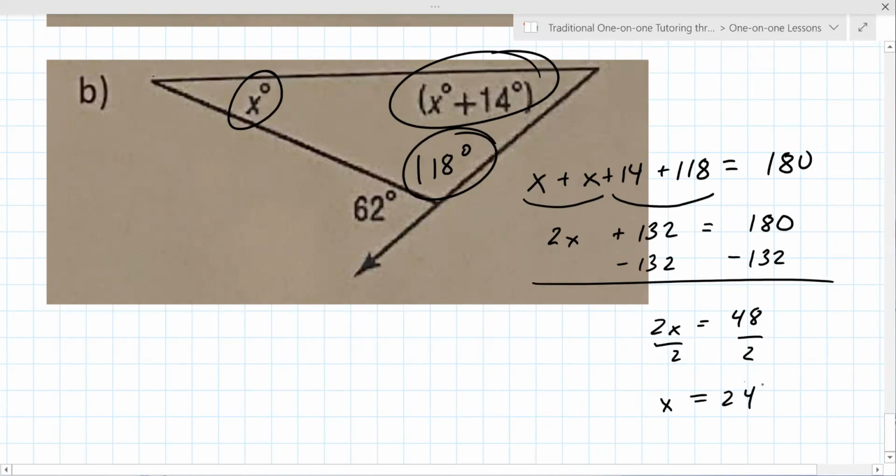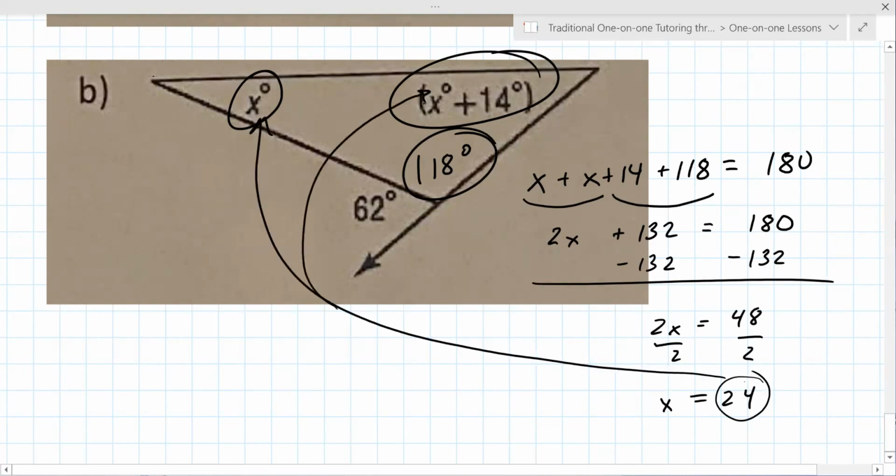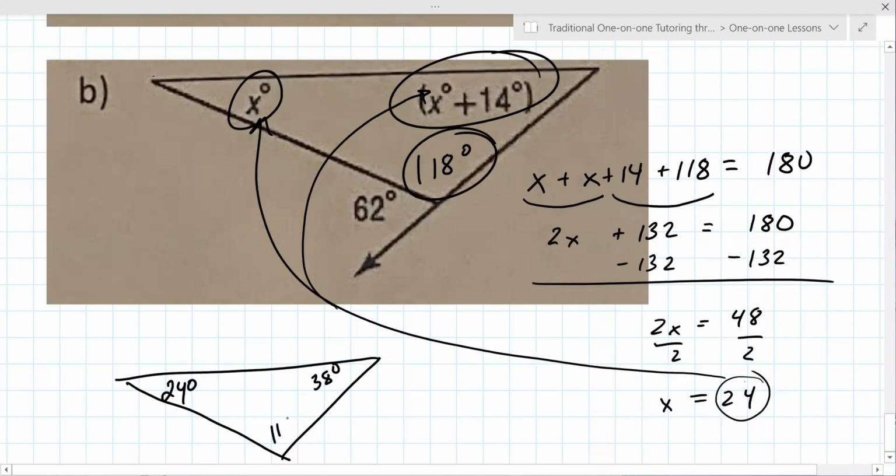Yes. So now let's take this value of x and put it back in the equation. I'm actually going to just redraw the triangle here. So this is 24. 24 plus 14 is 38. And then the third angle is 118. Do those three numbers add up to 180? That's like your check. Yeah, I believe so. Yes, it does.